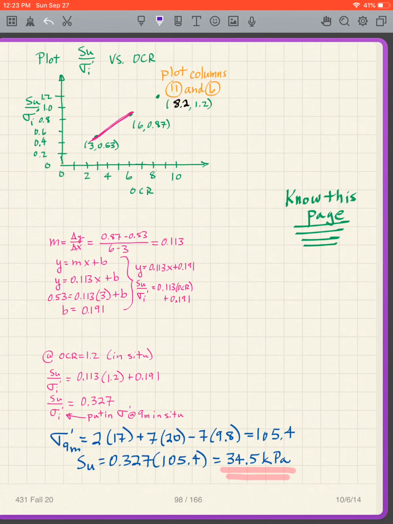And then I simply take my SU over sigma prime I, 0.327, times the 105.4, and I get 34.5 kilopascals. So a lot of work to get the strength in situ at 9 meters from all those tests. But that's what needs to be done.